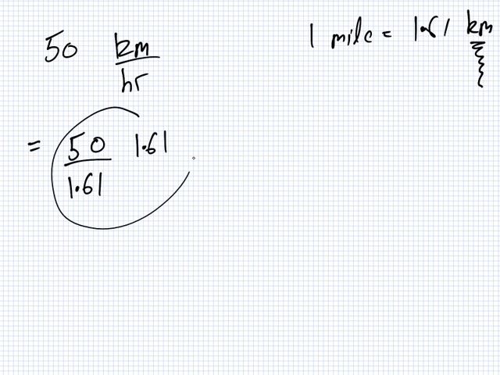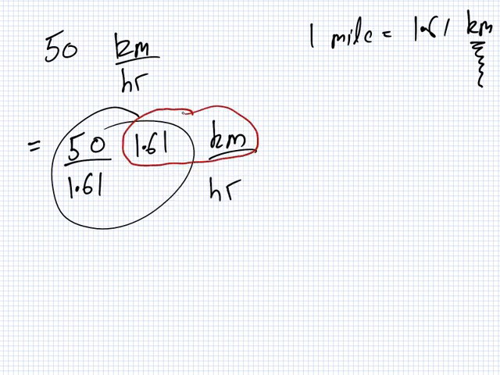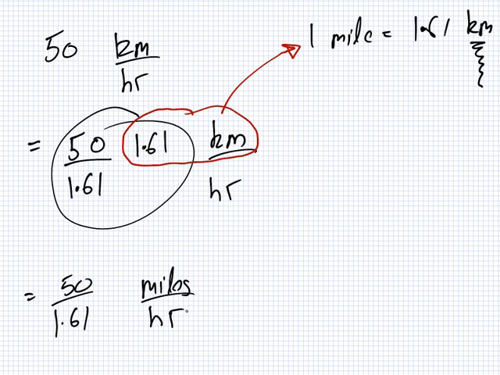Is this still 50? It's still 50. But now I have something useful. I have 1.61 km. And what did I say 1.61 km is? I said it's a mile. So now this becomes 50 over 1.61 miles over hours.